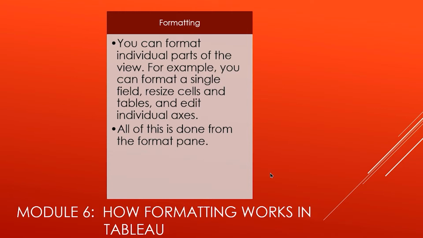So you can format them. For example, you can format a single field, you can resize cells and tables, you can edit individual axes. All of this type of formatting in the view portion is done from the format pane, and you've been exposed to the format pane already. So let's go ahead and get hands-on and focus on formatting in this module.